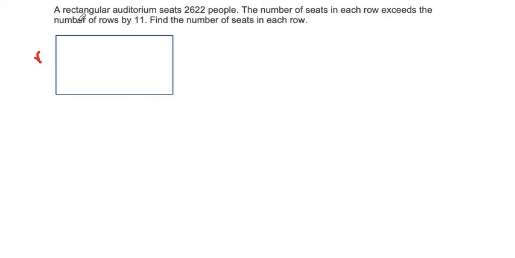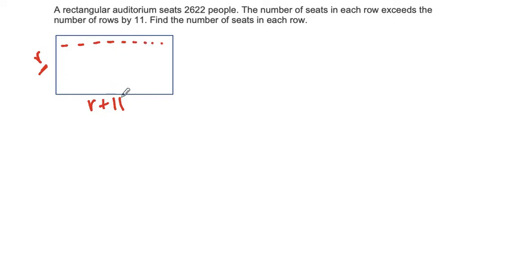We know that the number of seats in each row, how many go across this way, exceeds the number of rows by 11. So we don't know how many rows there are, but the number of seats is equal to R plus 11. R could be any number. It could be 5, and then this would be 16. We just don't know what it is.